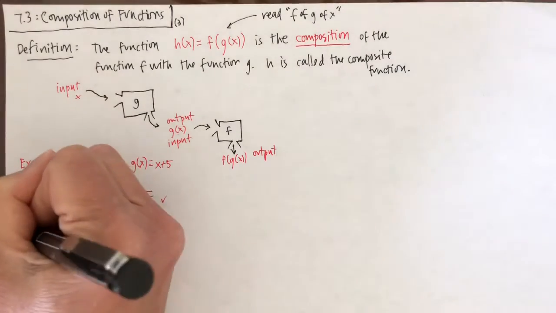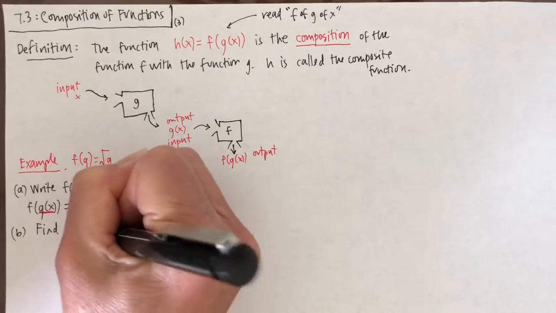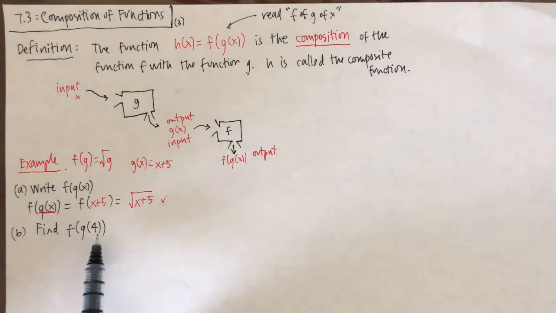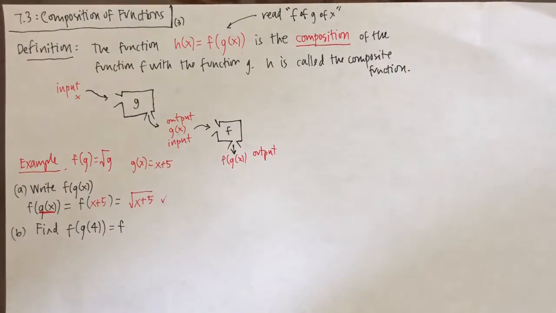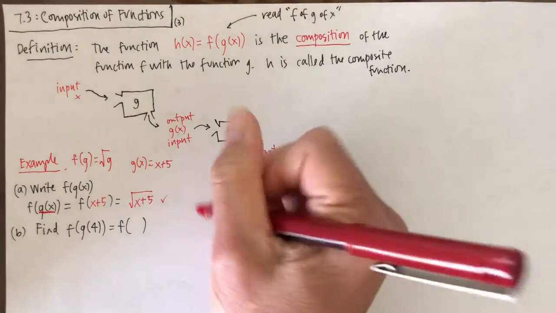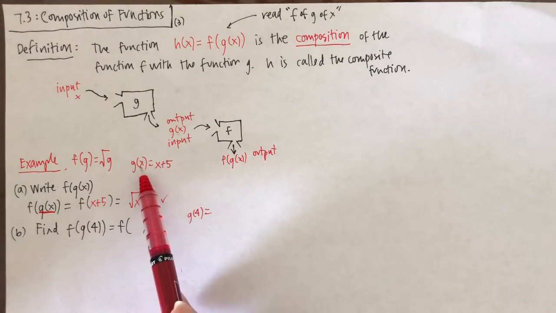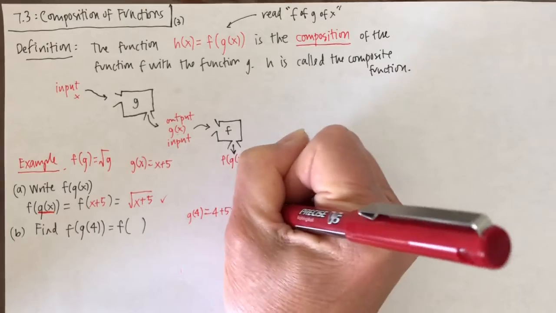Okay, our next job is we're going to find f of g of 4. So this time we have a specific number that's going to be input through both of these functions. So this is f of, we start on the inside, g of 4. Okay, let's think for a minute. g of 4 means go to the function g and put 4 as an input, so that would be 4 plus 5 is 9.